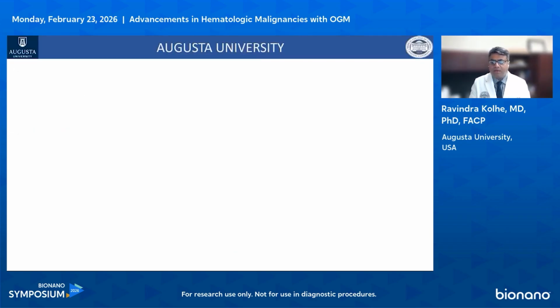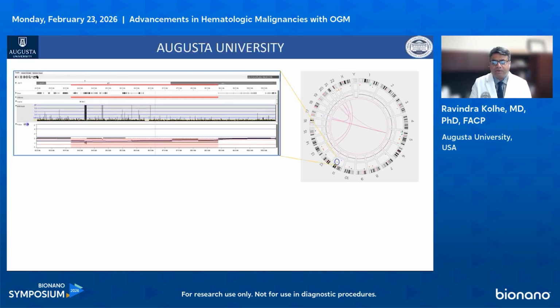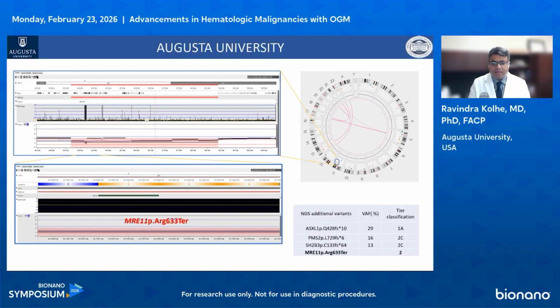And then when we overlay both the OGM and the NGS data in the VIA, we identified a compound heterozygous event in the MRE11 gene, which is a participant of the HR complex, and the loss of MRE11 is an indicator of an HRD phenotype.